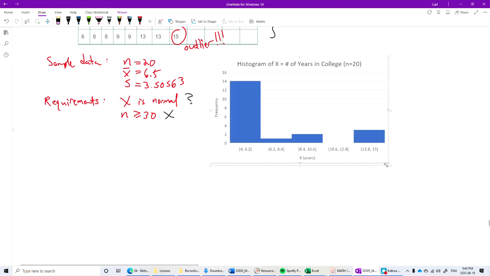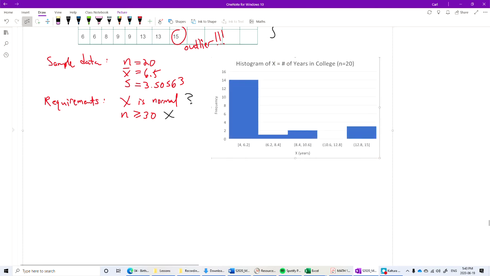Now, typically what we do in stats is we say, okay, well, I know I shouldn't go on, but I'm going to go on anyway and see what happens. So let's do that. We know that we are operating without a safety net here. Let's see what happens. So this is non-normal, right? It looks highly skewed.